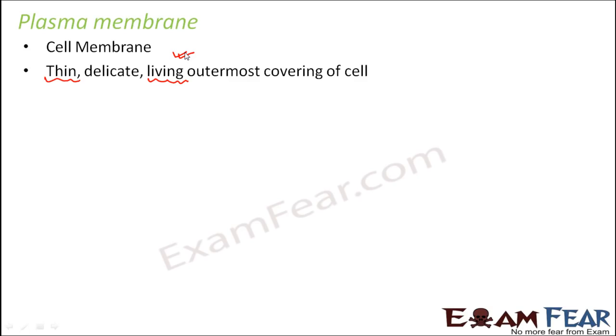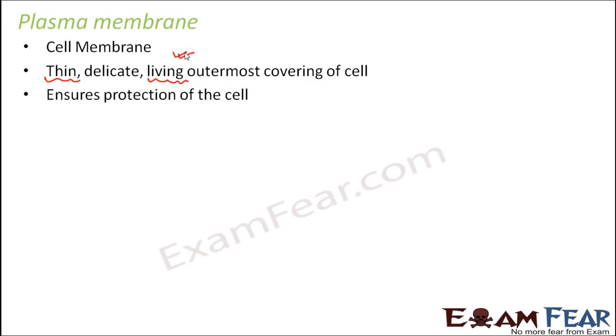Obviously, since it is the outermost boundary, it ensures protection, and it also serves many different functions which will be clear in a while. Anything which acts as a boundary is primarily for protection. As I mentioned before, if you have your house, why do you build a boundary wall? For protection. But in addition to protection, there are certain other functions also performed by plasma membrane.